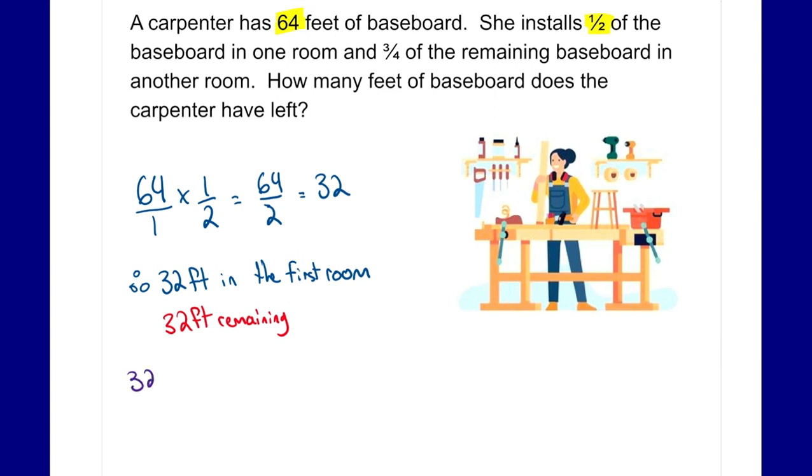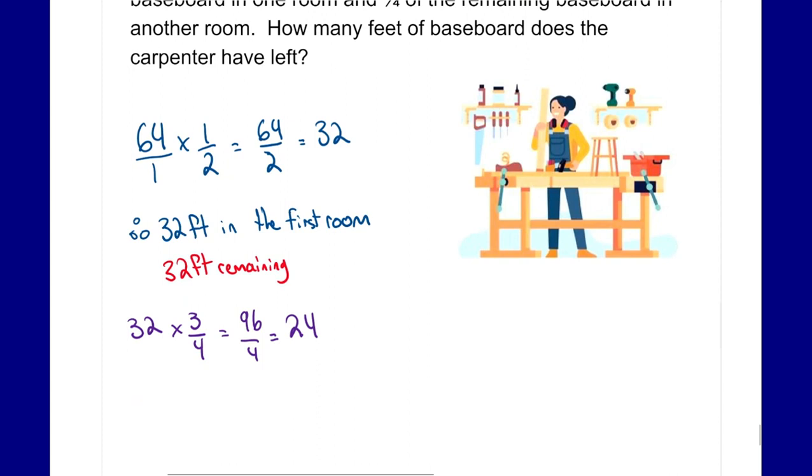So I can do 32 times 3/4, and I end up with 32 times 3 is 96 divided by 4, which is 24. So therefore, 24 feet is used in the second room.